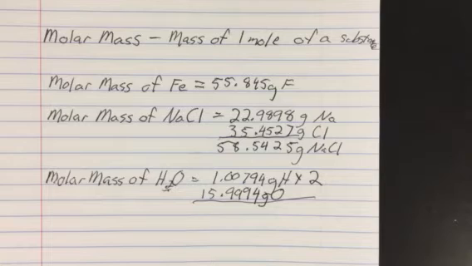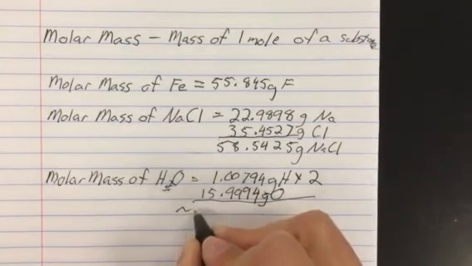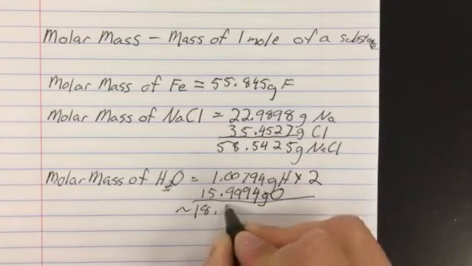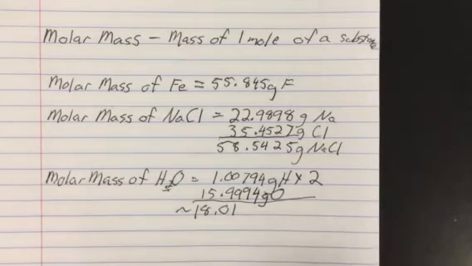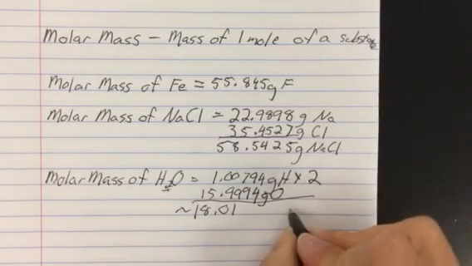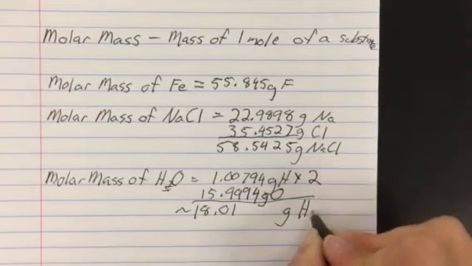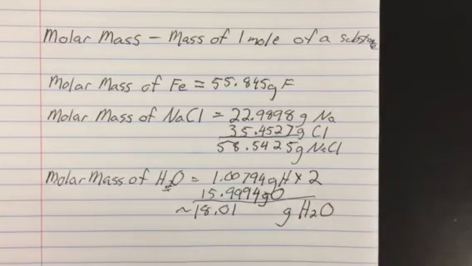And once again, I forgot to bring it over. So I'm just going to assume that you guys can add numbers together on your own. It's going to be about 18.01 something grams per mole of H2O. You can do the math yourself. Remember, multiply, then add, but that's all there is to this.